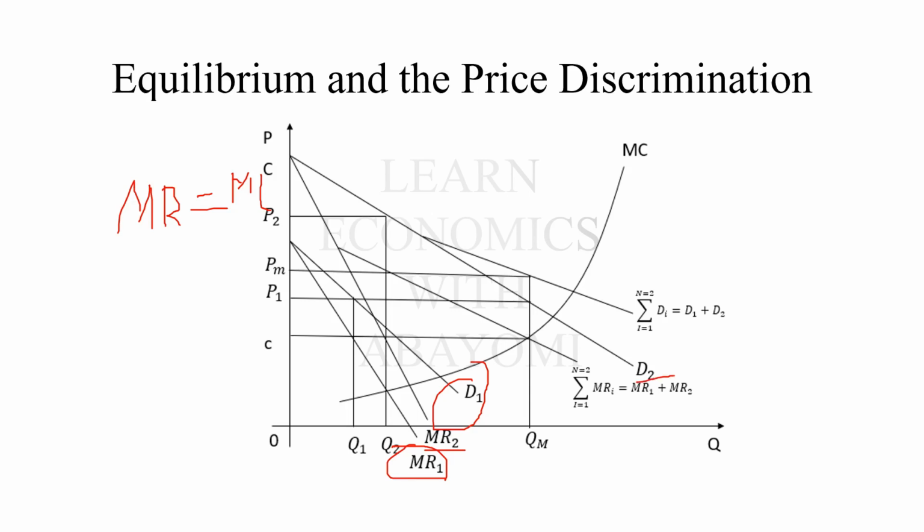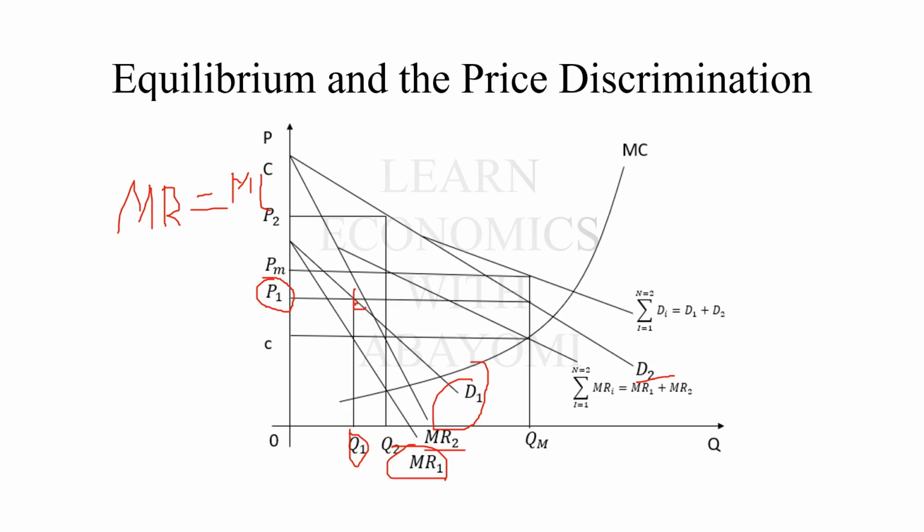For the first market, this is the price at which a particular product is sold, and this is the quantity sold. P1 and Q1 are the price and quantity of the first market, at this equilibrium. Let's call this place C. This is the point of the first market.